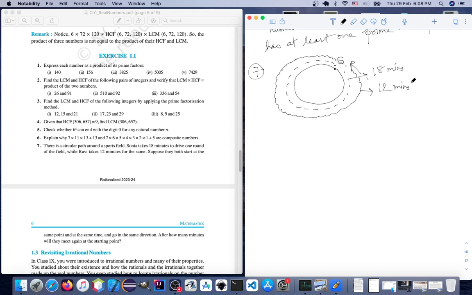So basically this is a problem based on HCF and LCM. The concept is: in 12 minutes Ravi has already covered one round, and Sonia will take 18 minutes to cover one round.